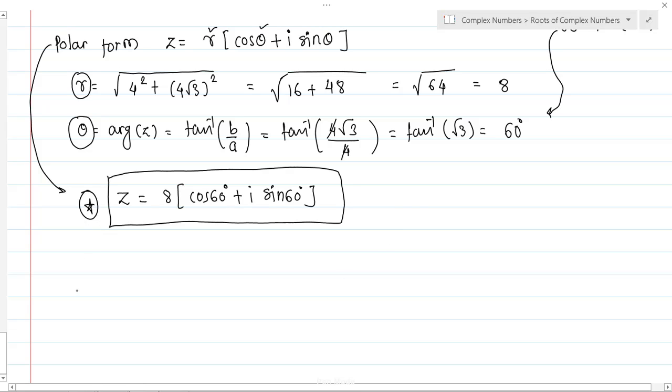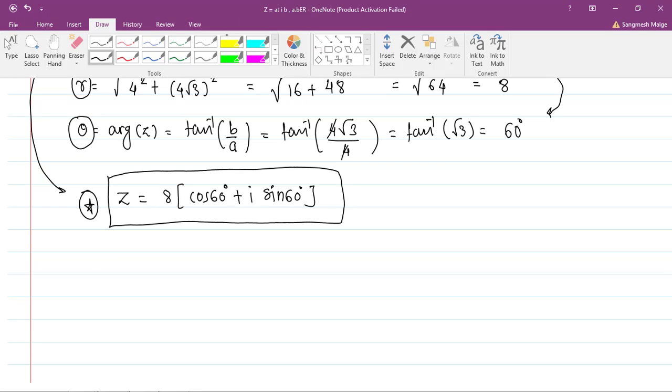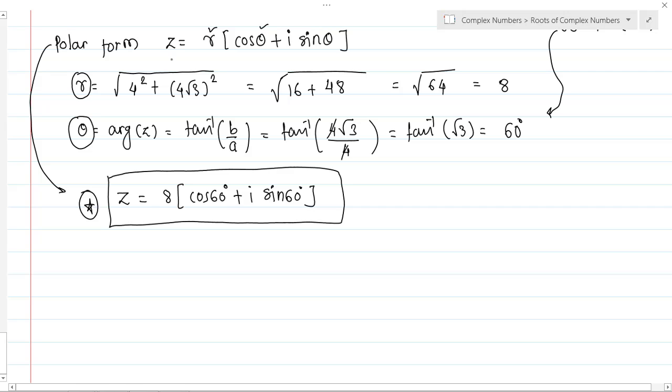Yes, sir. Perfect. Now once you get the polar form, the second form they have asked is the exponential form. So the exponential form is given as, tell me, what will the exponential form be? z is equals to r into e raised to i theta.